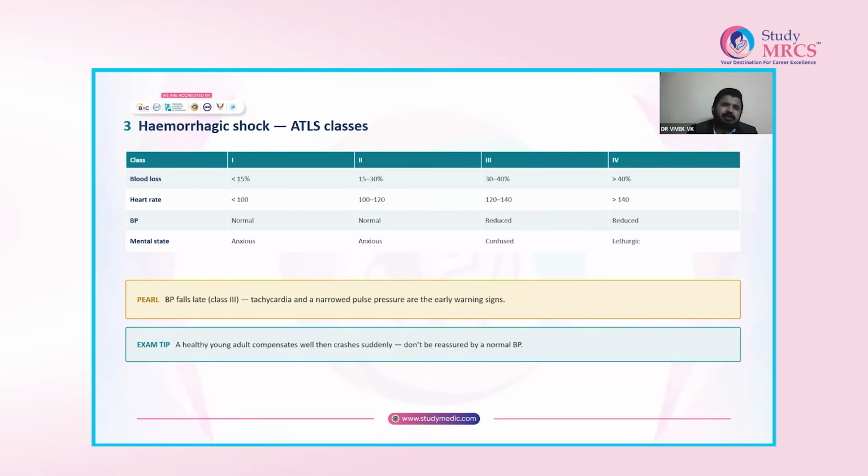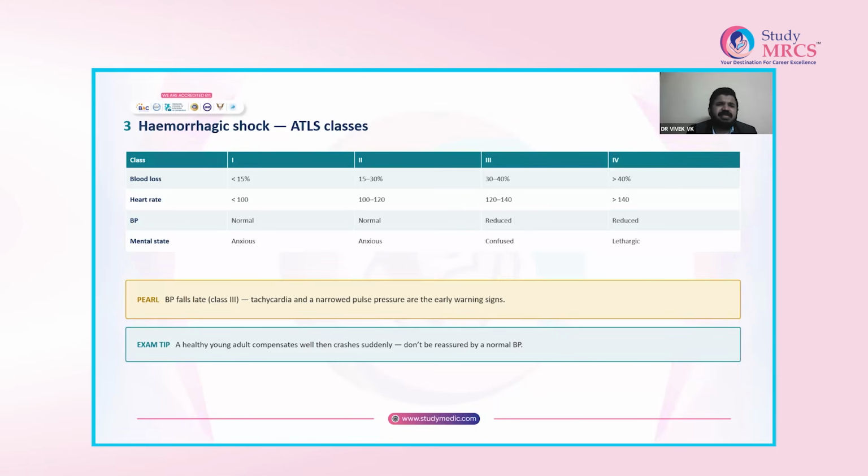So tachycardia and narrowed pulse pressure are the early warning signs. I have told you that from class 2 shock onwards, the patient is developing tachycardia, that is, the pulse rate has gone beyond 100 beats per minute.